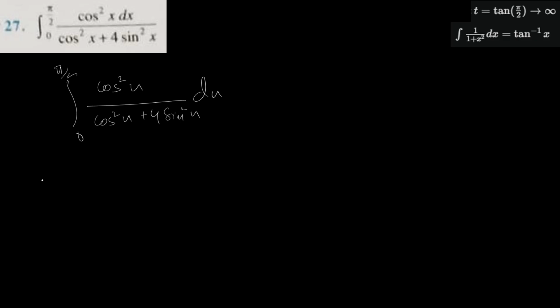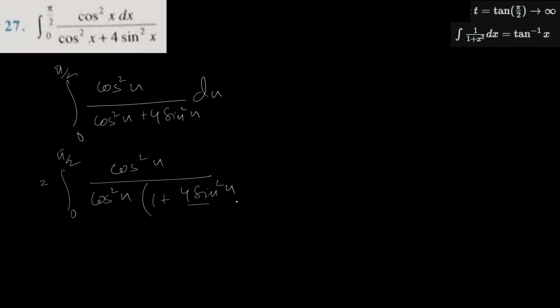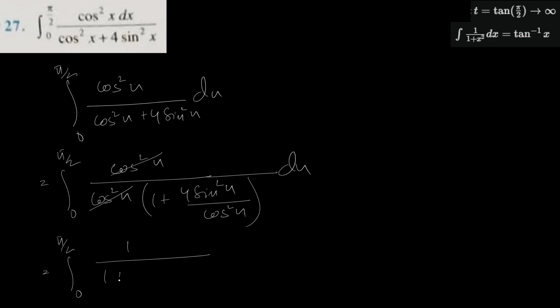So here, from 0 to pi by 2, cos square x by, if I take cos square x common, I will get 1 plus 4 sine square x by cos square x, dx. So this cancels out. The integral from 0 to pi by 2, this will be 1 by 1 plus 4 tan square x, dx.